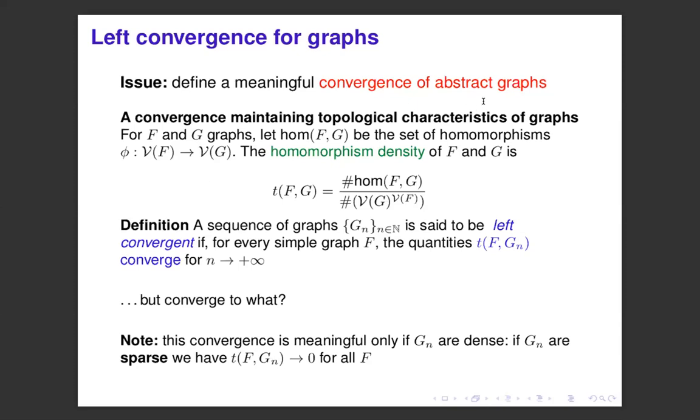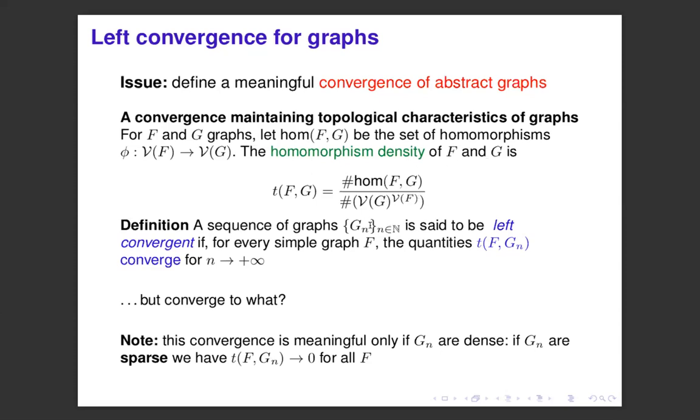While for lattices, we were happy to have a common environment, and the topology was somehow given by the environment, here we have to look at the behavior of the topology. And the way this has been done, I refer to Lovász and others, I'm not an expert of this matter, is to look at what is called the homomorphism densities of a given graph inside another graph. So we take more or less the number of copies of a given graph inside the graph G.